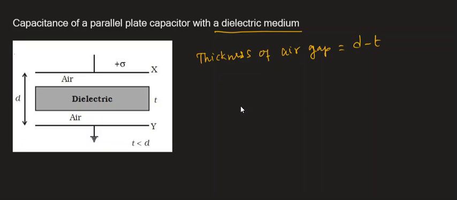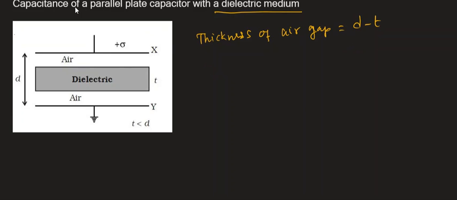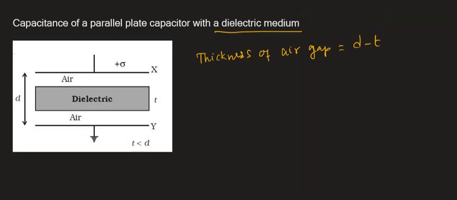The electric field at any point in air between the plates: let us calculate the electric field. The electric field in air is given by sigma divided by epsilon naught.